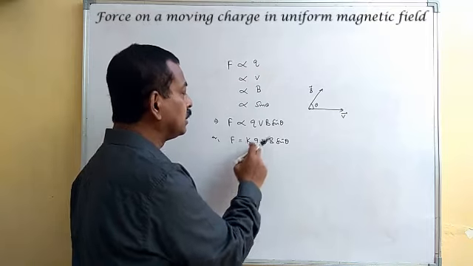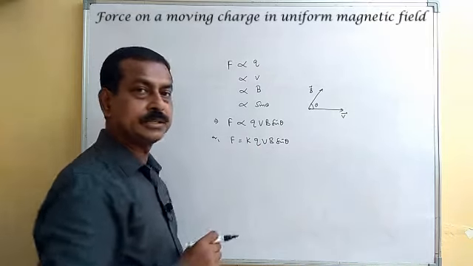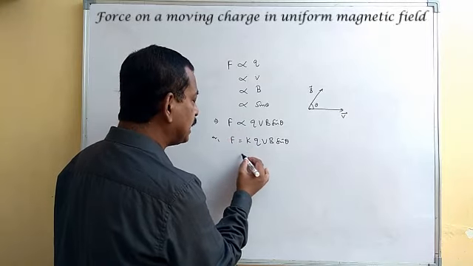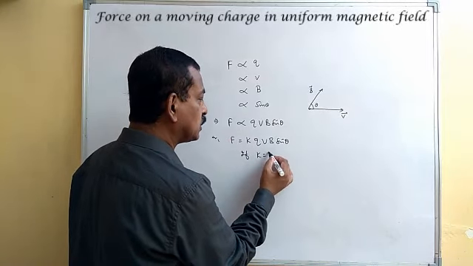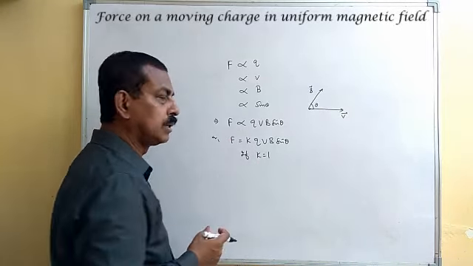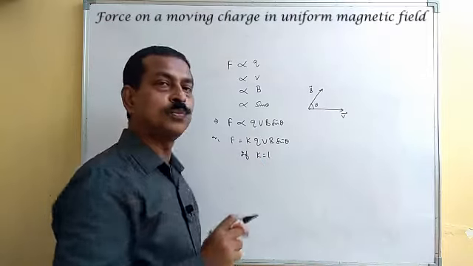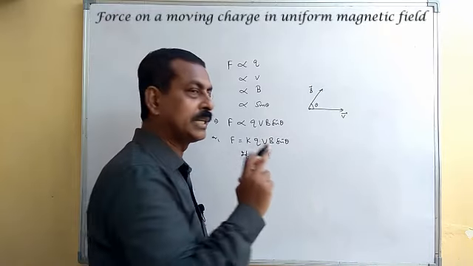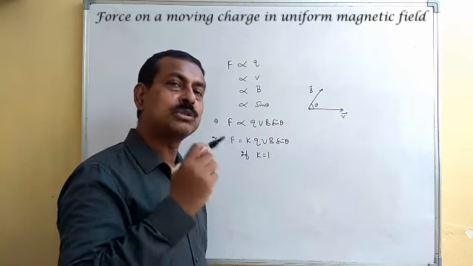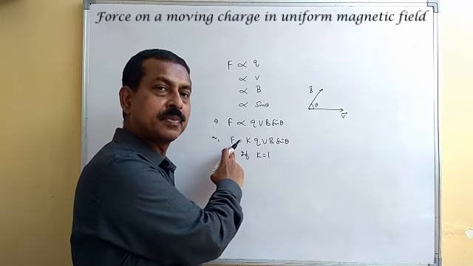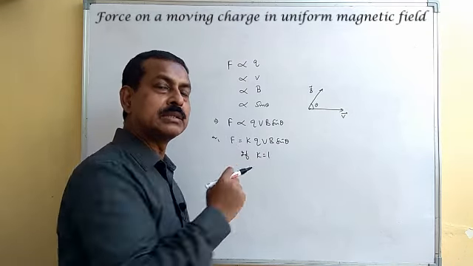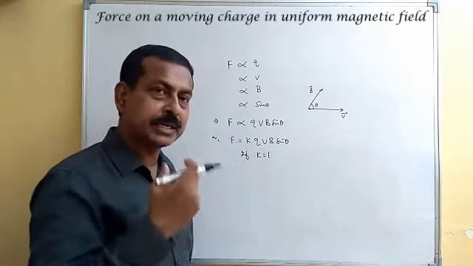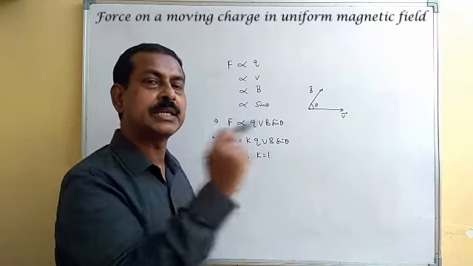If we define the terms in such a way that K is 1, that means we take Q as 1 unit, V 1 unit, B 1 unit, sine theta also 1, and whatever force the charge experiences, we define the unit of force so that this magnitude is 1 unit.